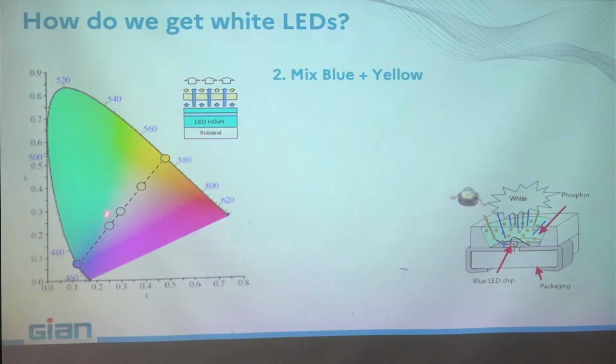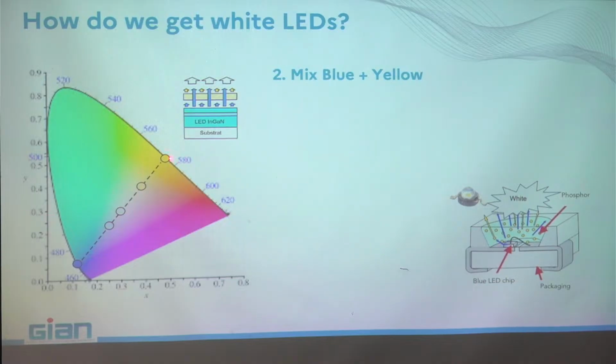In the middle is the white and the blue, the black body locus. And here, a colorimetric principle says that if you take two opposite colors and you join those colors, then you can mix them and you can obtain any color on that line.